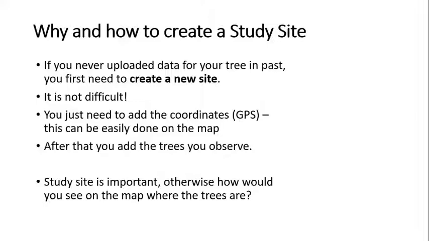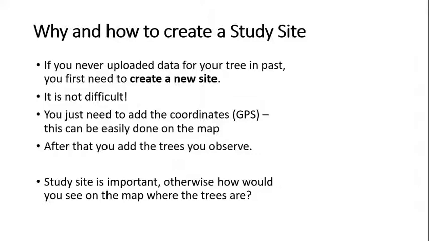And it's something that we should do, because if you don't have a site, then nobody knows where you do the observations. And if it's not located, then it will not get visualized on the map, and it will not get connected with your school. So that's why we create a site, and we need to give the GPS coordinates for the site.